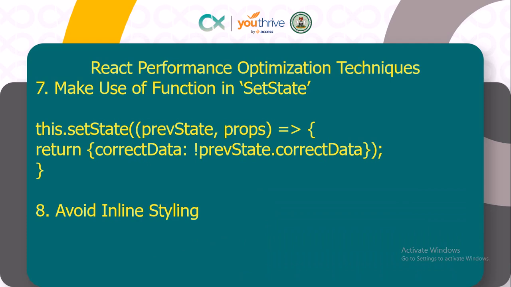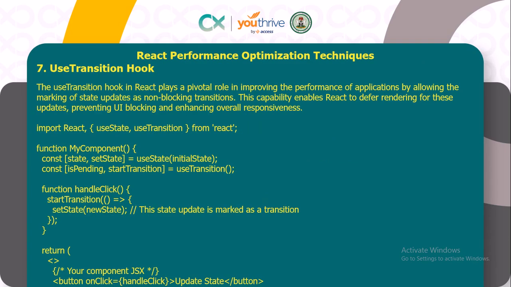The last optimization method I want to teach you before the end of this video is the useTransition Hook. Now the useTransition Hook in React plays a pivotal role in improving application performance by allowing the marking of state as non-blocking transition.